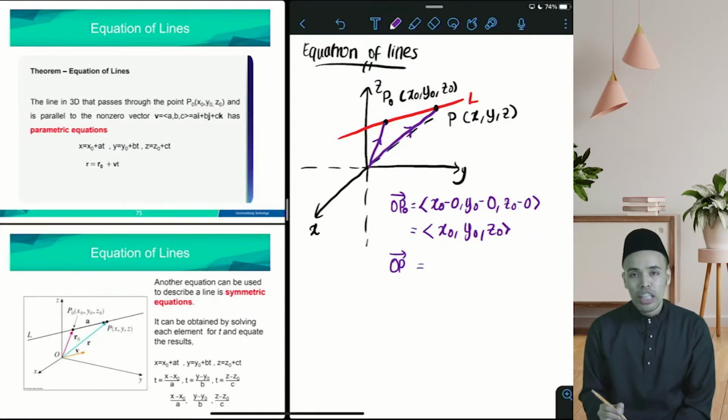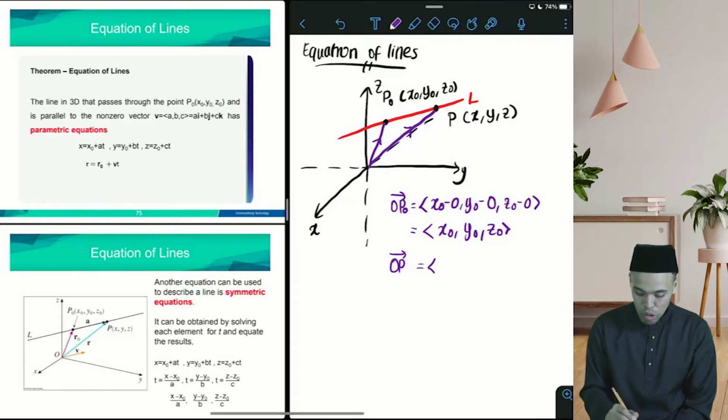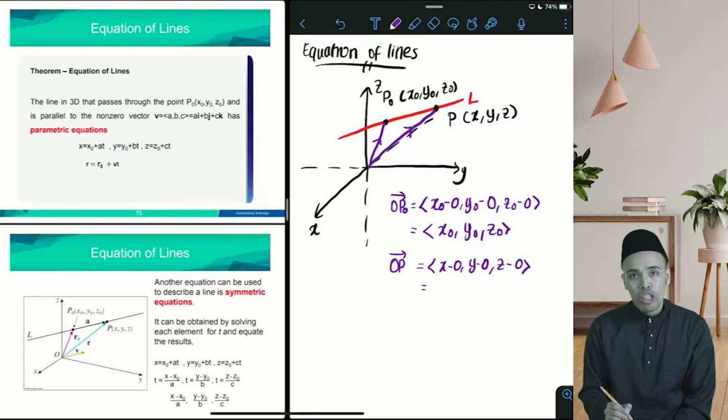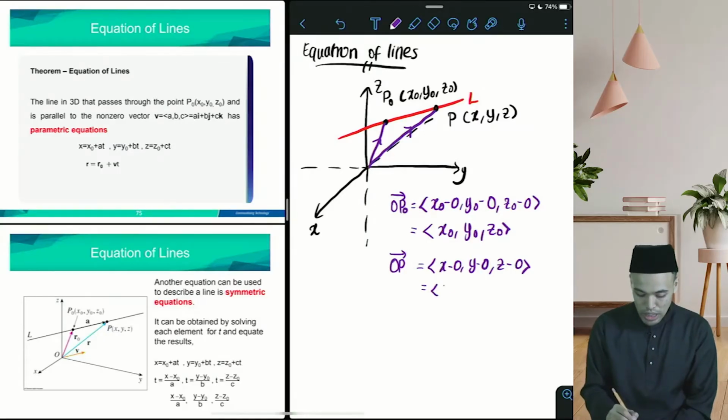By finding the difference in terms of the x coordinate, y coordinate, and z coordinate, you should be able to determine the components of position vector OP. So I am going to have x minus 0, y minus 0, and z minus 0, and the components of position vector OP are simply x, y, and z.